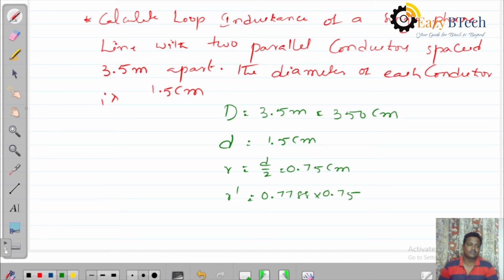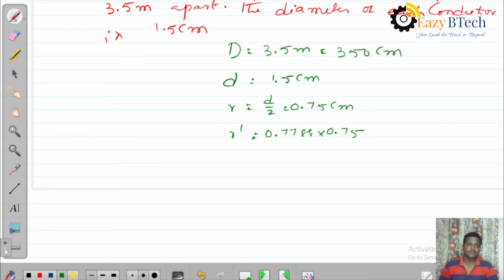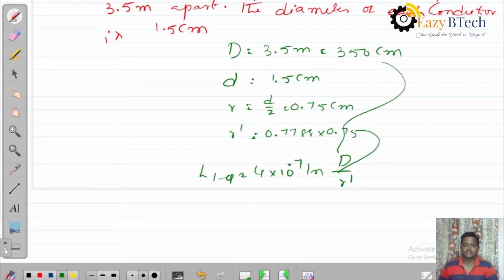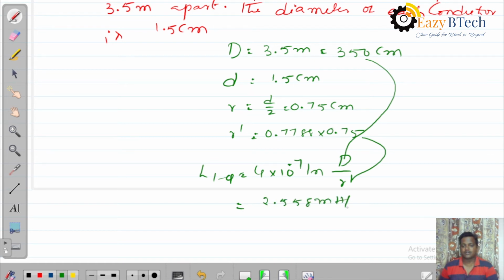The loop inductance L single phase equals 4 into 10 power minus 7 ln d by r dash. Substitute the d value and r dash value here. You can get this value as 2.558 millihenry per kilometer.